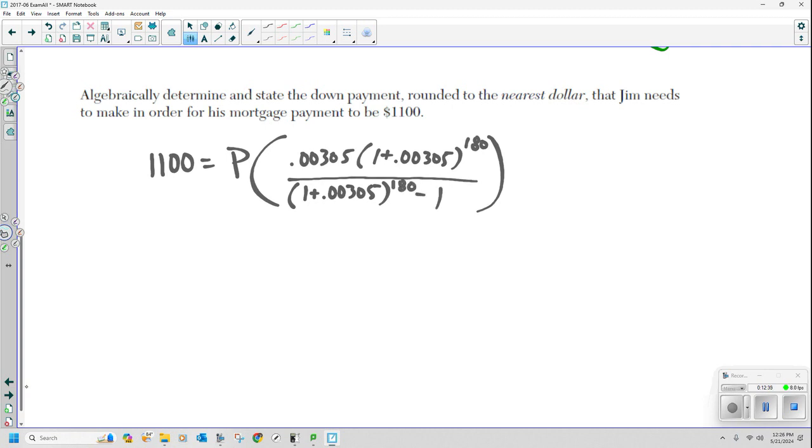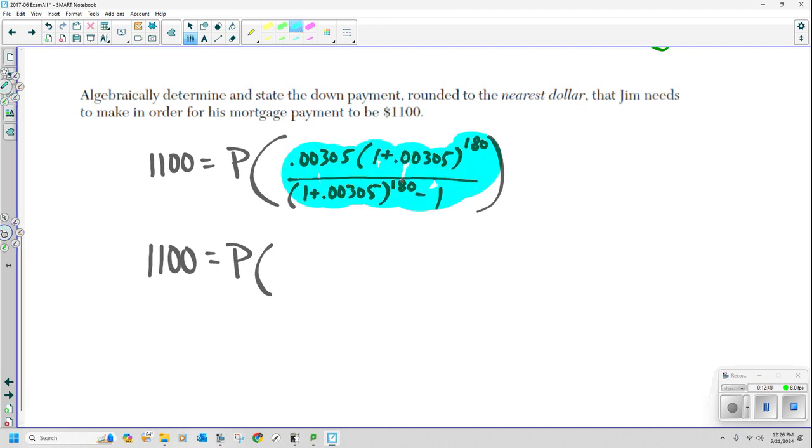So the very first thing I'm going to do is figure out what this value is. See how these are all numbers? I'm just going to put this in the calculator and hit enter, and put that right here.